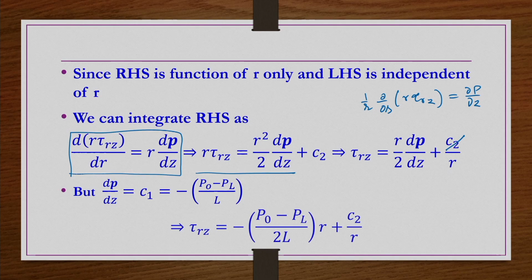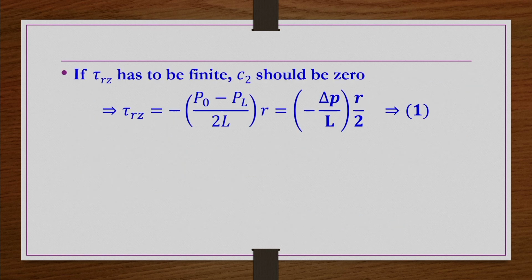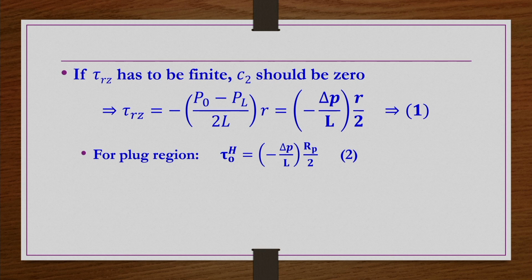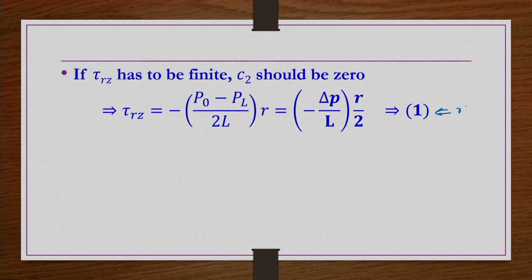So, that means we get tau rz equal to minus delta p by L times r by 2. Okay. Now, this equation is valid for the entire range of r, that is r is equal to 0 to capital R.